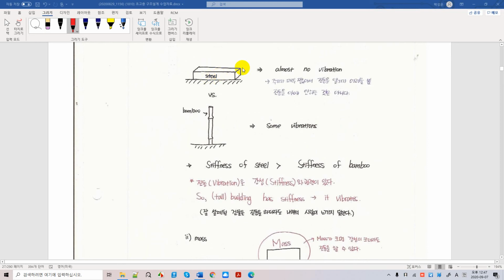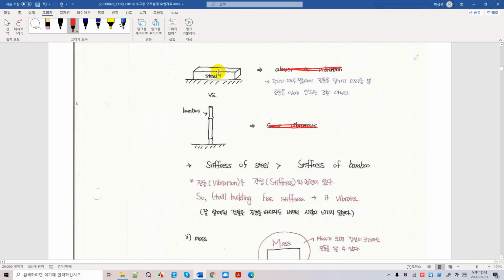And when you vibrate, you still can vibrate even if you have infinitely stiff materials. You can vibrate this, but it vibrates very fast. You understand? Why is that?